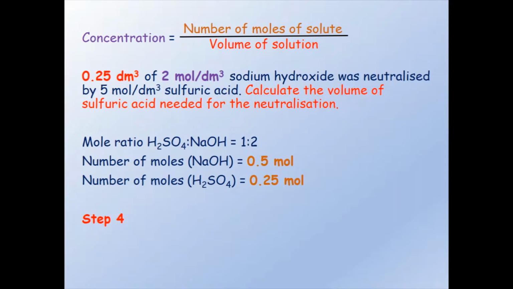Now we can move on to the last step, step 4, and this one is different from what we did before when we did the concentration in the other video. Calculate the volume of sulfuric acid needed.